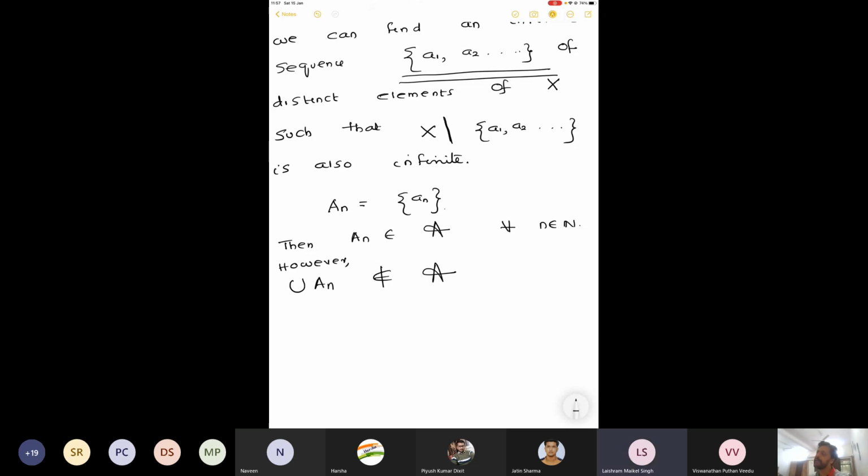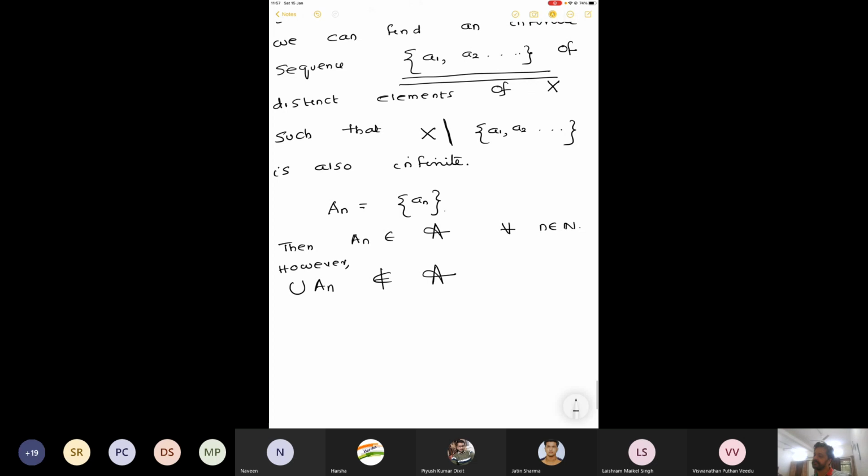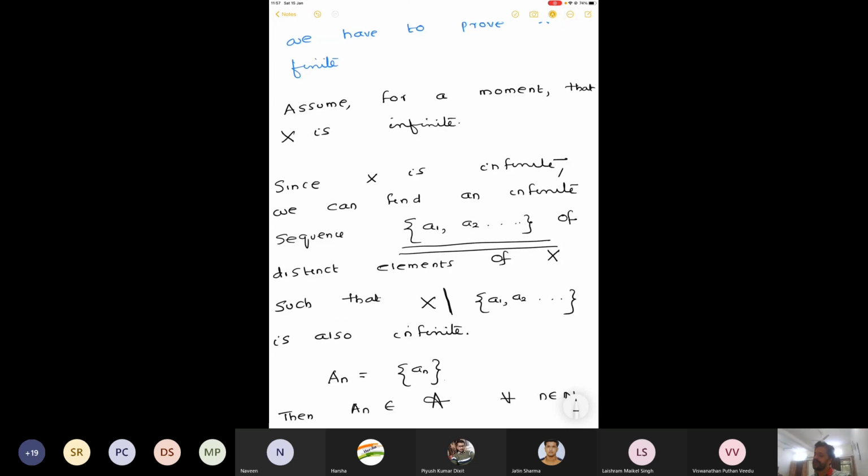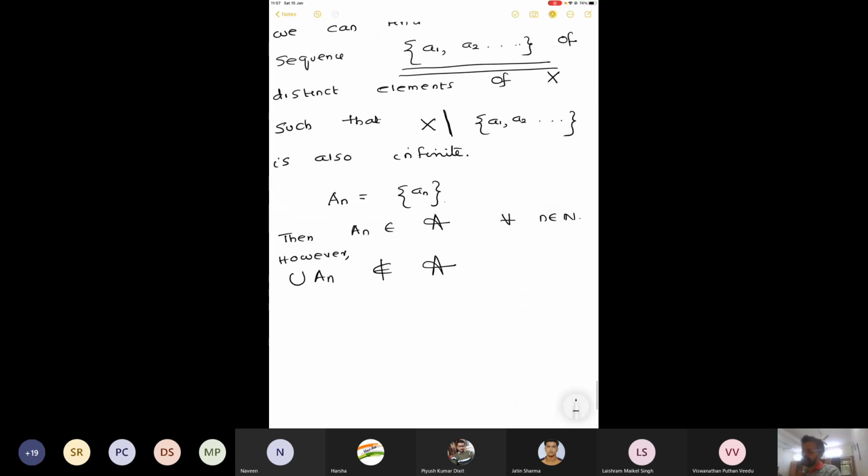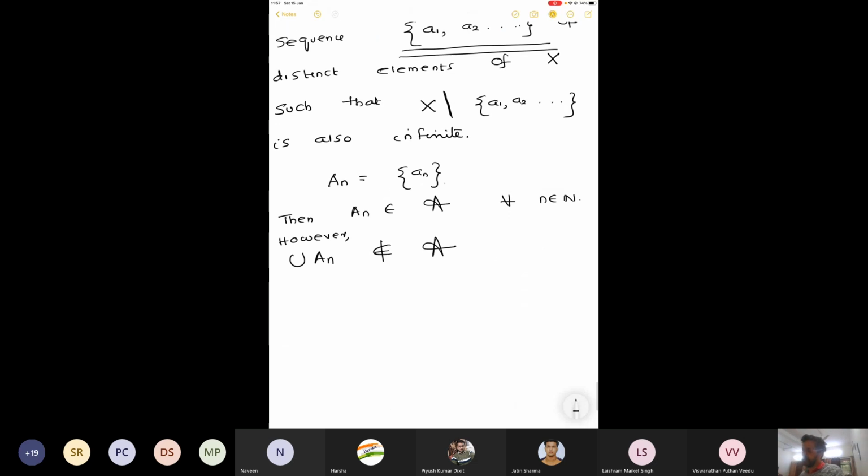For the union of the A_N to be in A, it should be either finite or cofinite. But see the way in which we took the A_N: A1, A2, A3, etc. The union is not finite and its complement is also not finite. It is infinite. So the union of the A_N is not in A.